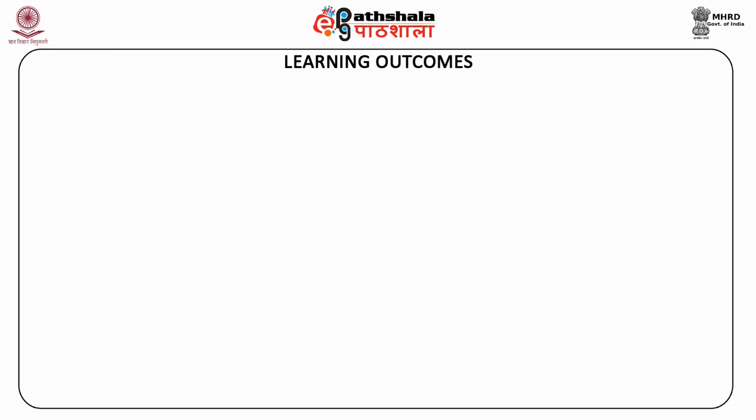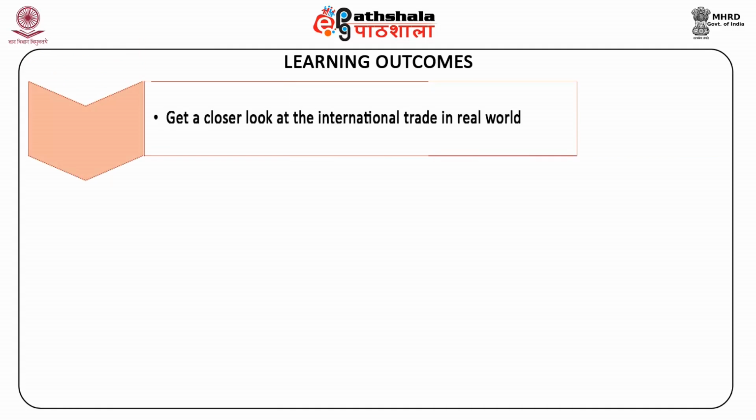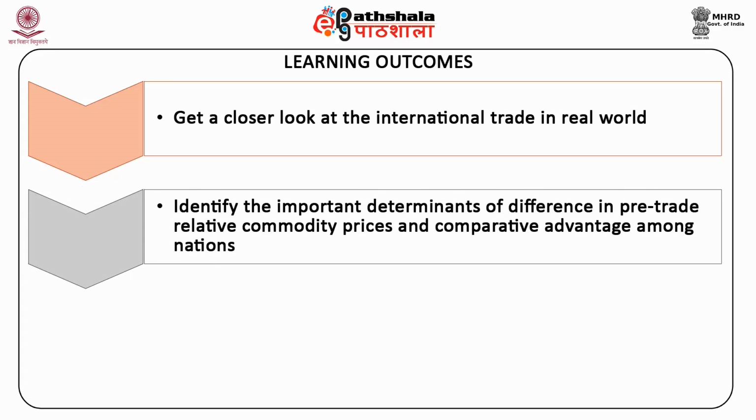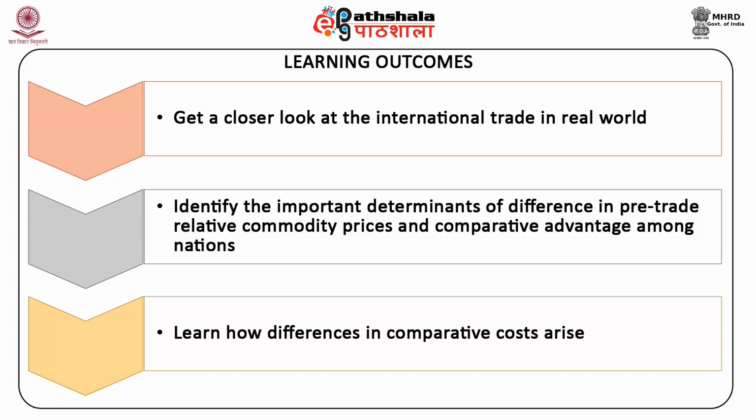After studying this module, you shall be able to get a closer look at international trade in the real world, identify the important determinants of differences in pre-trade relative commodity prices and comparative advantage among nations, and learn how differences in comparative costs arise.